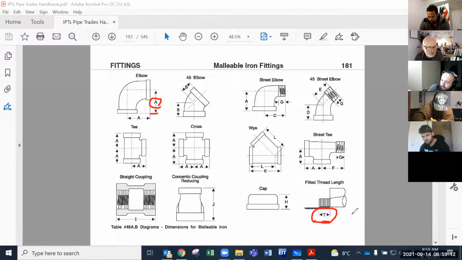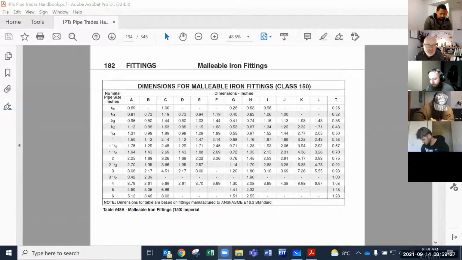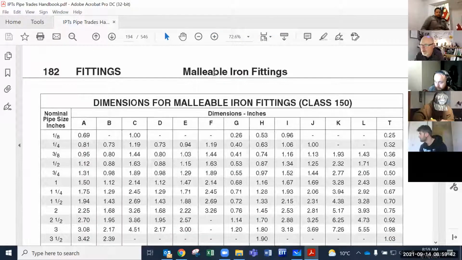So when we're going through this book, when you have to look up fittings, I really want you to know where to find A and T. Now, I'm going to then scroll up to the next page. Now on here, if we have a 1-inch fitting, can everybody see that okay? There we go.